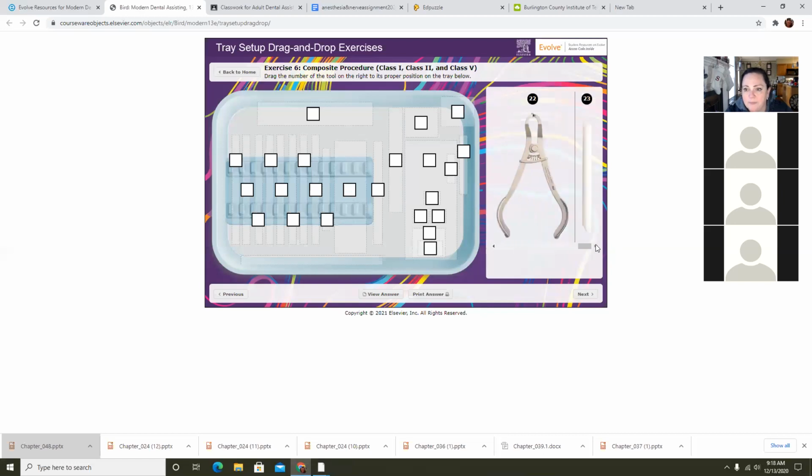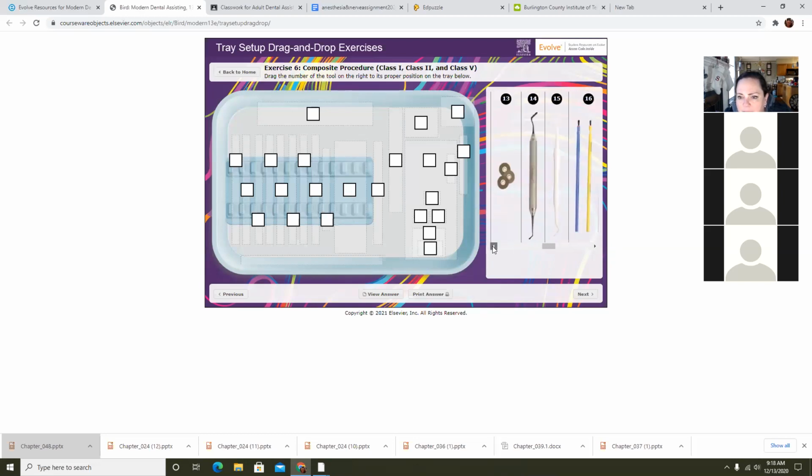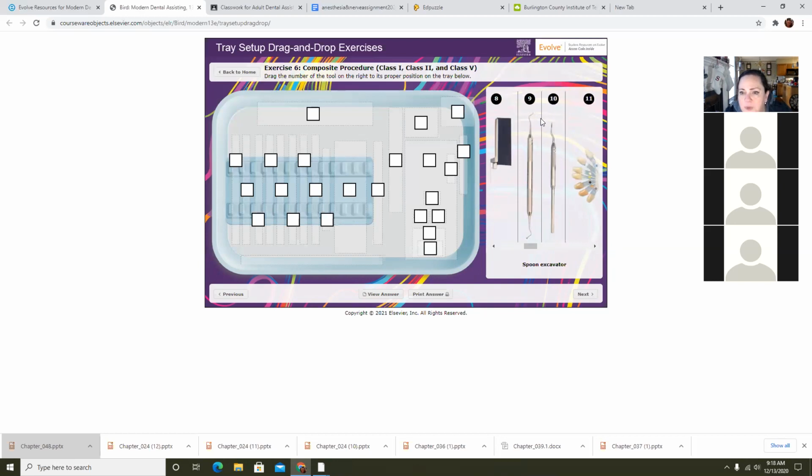A liner. All right, there should be some other instrument on here with a little tiny spoon at the end. Oh, here it is. Spoon excavator. Has everybody seen this instrument before? Yes. And what does it do? Removes decay.